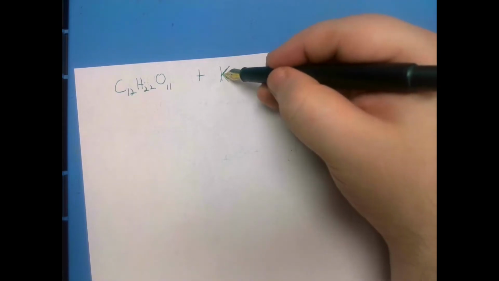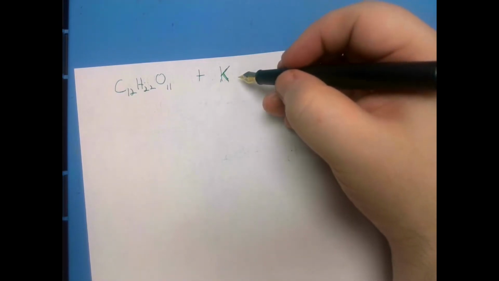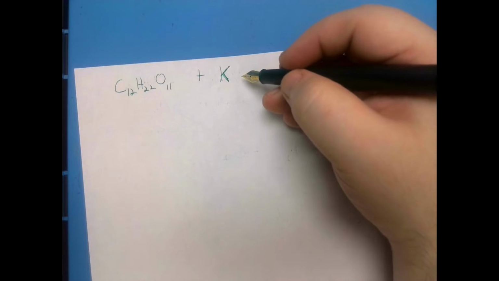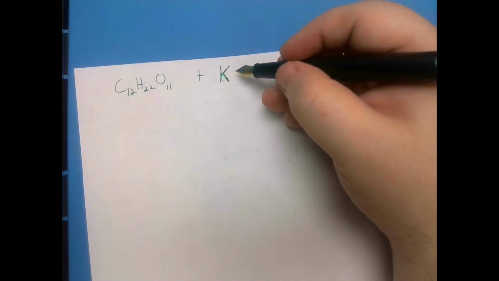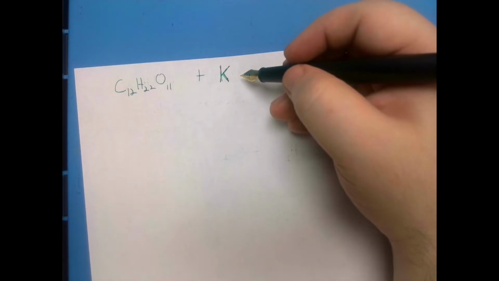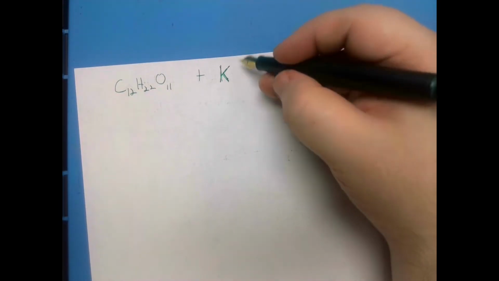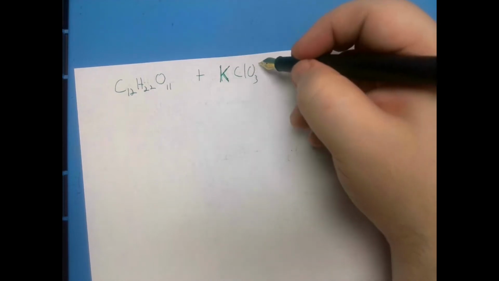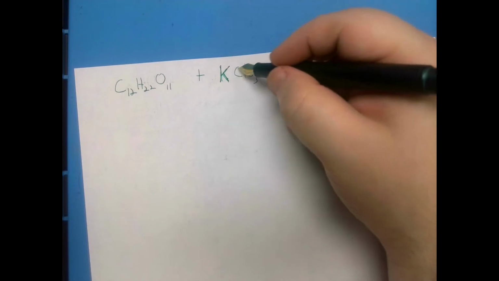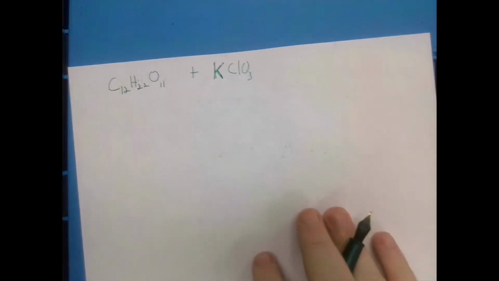What's the chlorate ion? So the "ate" tells you it's an oxyanion, ClO3, and it's a 1-to-1. This is a negative, that's a positive, so it's 1-to-1.